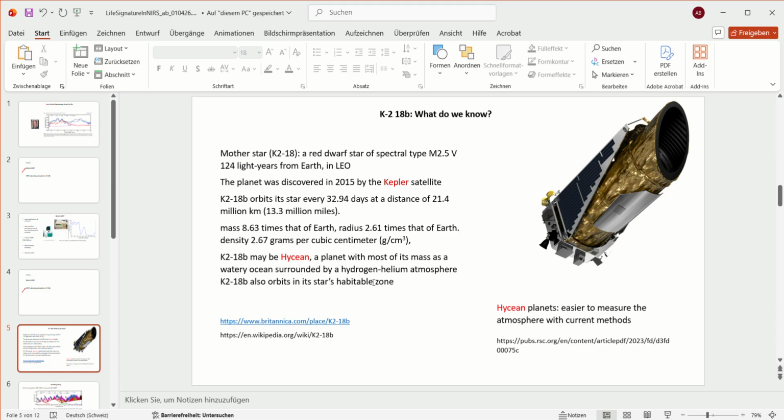But assuming an average atmosphere or no atmosphere at all, you can say if there's water, it should be in the liquid range. So it's not a very cold planet, and it's not so hot a planet that all the water has gone away, cooked away. But the Hycean, we're not sure yet, as we will see later. Hycean planets are also easy to measure because they have large atmospheres and the gases can be found relatively easily.